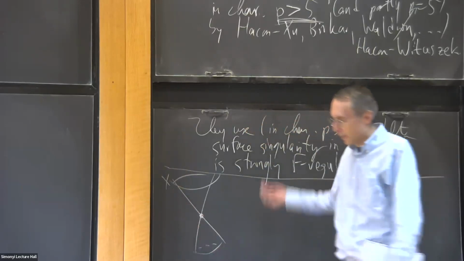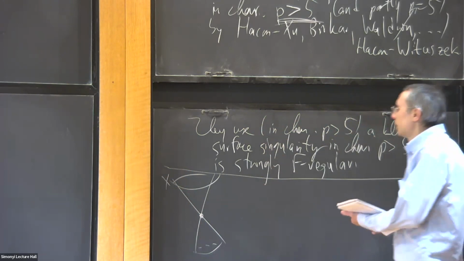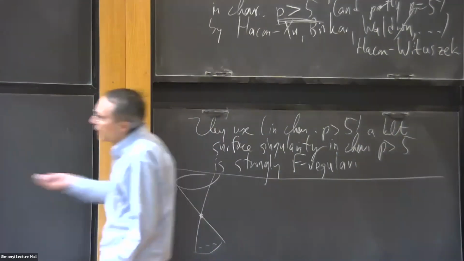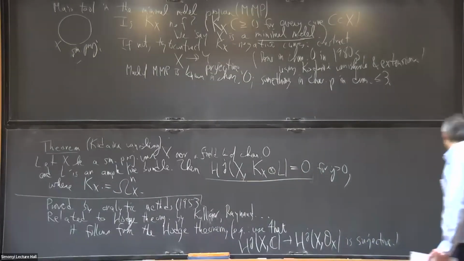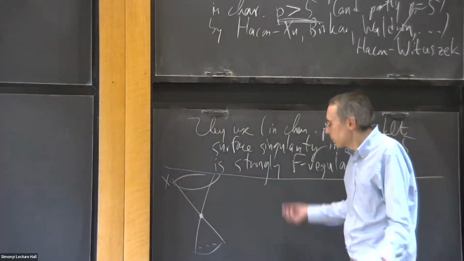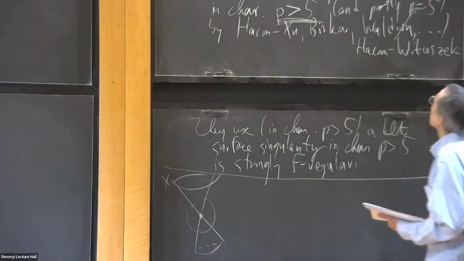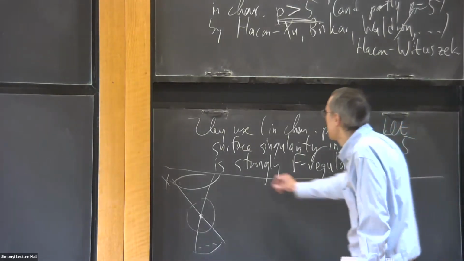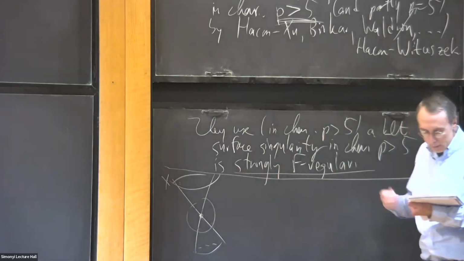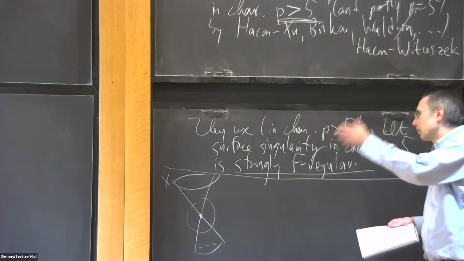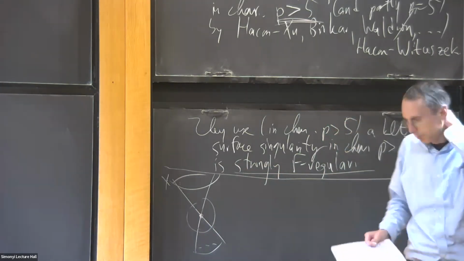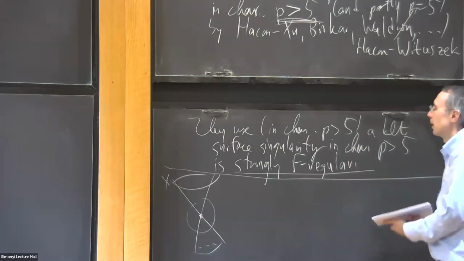You take a projective variety and take a cone over it, and properties like this vanishing theorem for the projective variety translate to properties of the singularity. Strongly F-regular is a definition about splitting the Frobenius map, roughly, that implies good vanishing properties.